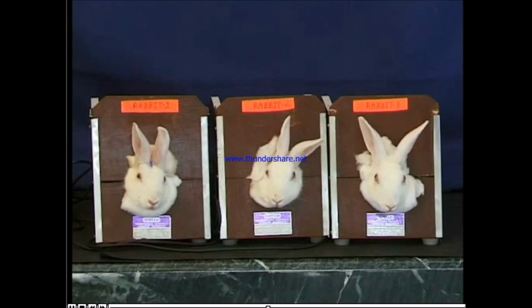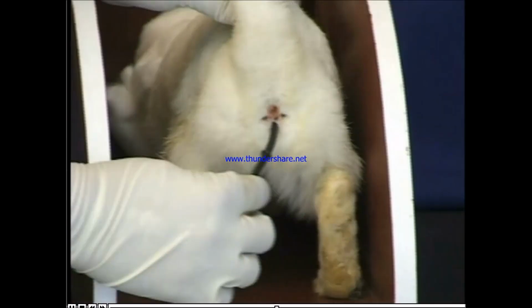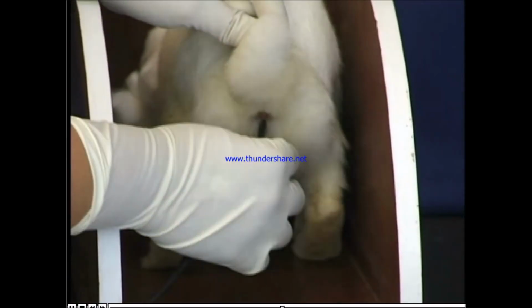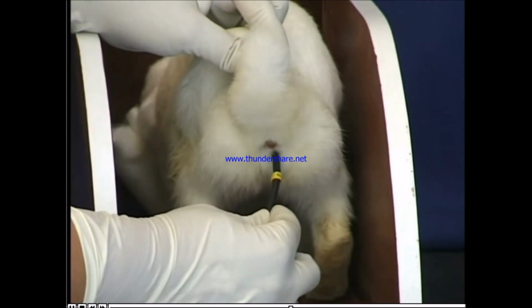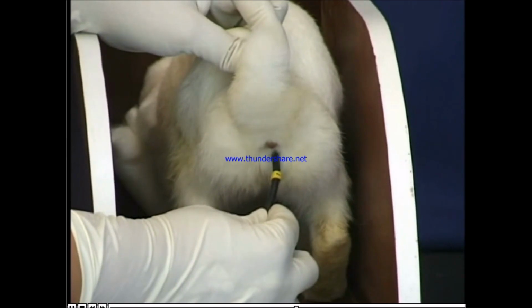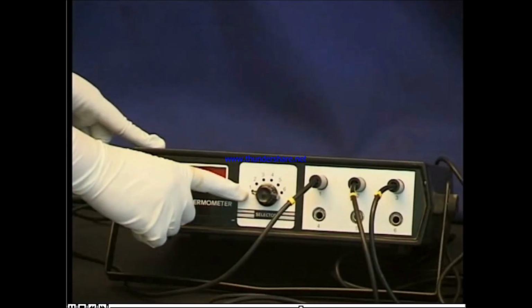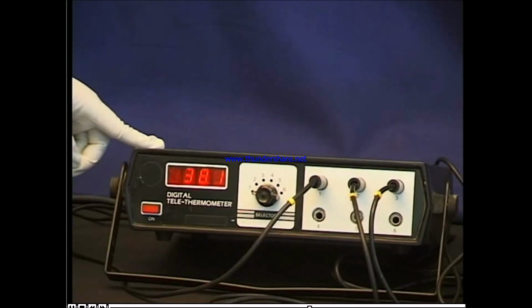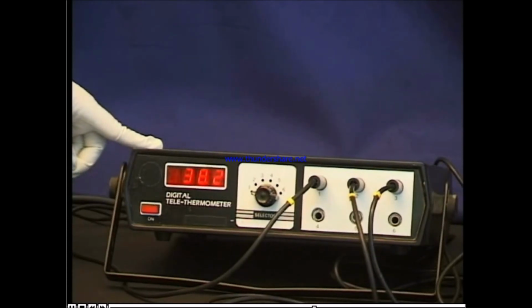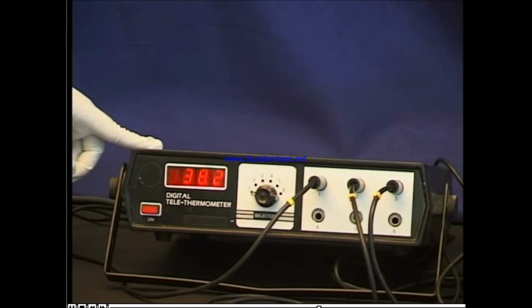Now insert the temperature sensing probe into the rectum up to a depth of about 5 cm. Record the normal body temperature of each animal before the injection of test sample every 30 minutes for a span of at least 90 minutes.